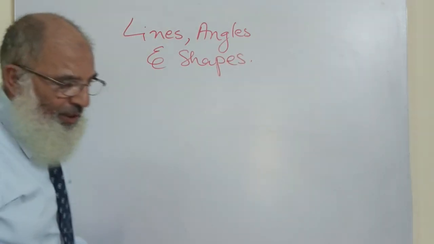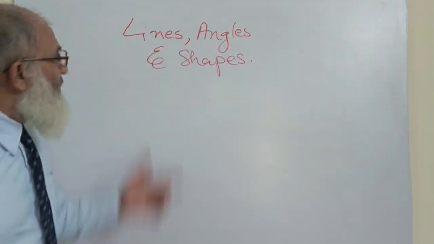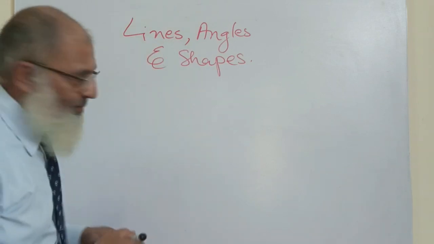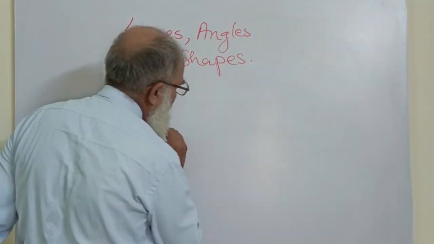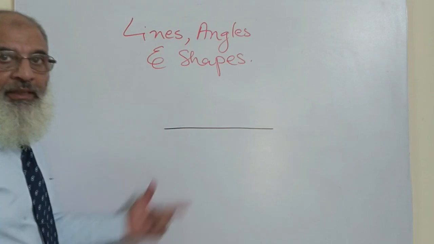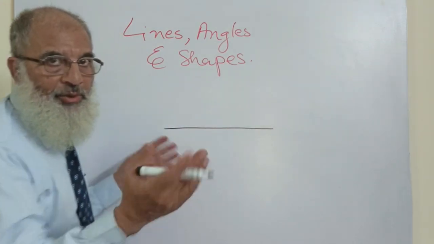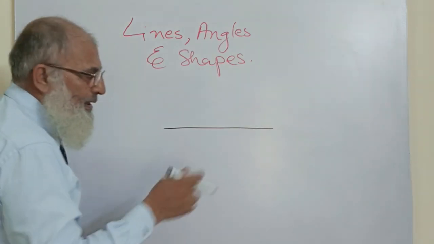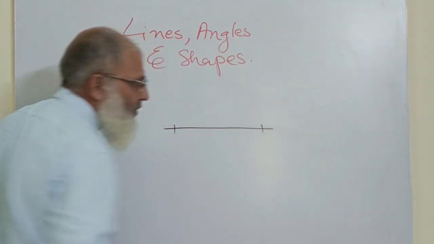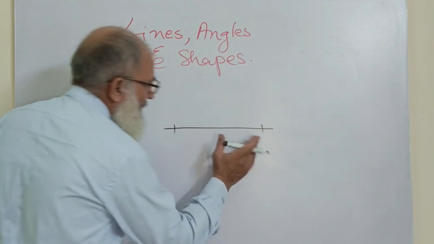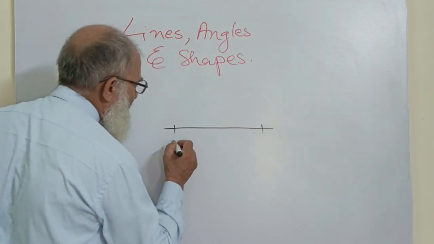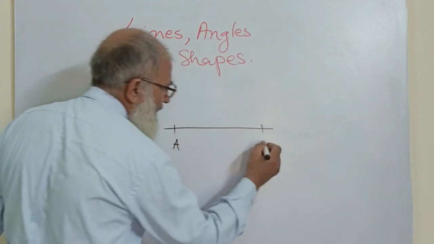Now, let me start from the very first word, and that is line. We have already studied the line. It is a line and it has no ends, unless and until we mark some point on it. This segment is called a line segment, and it is named AB.